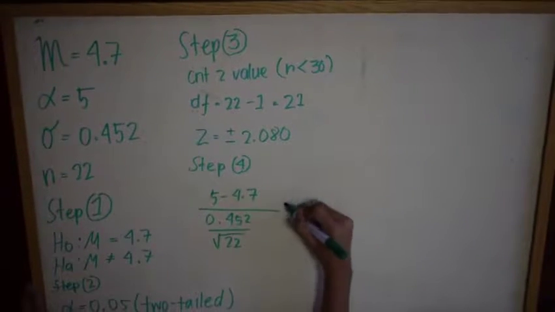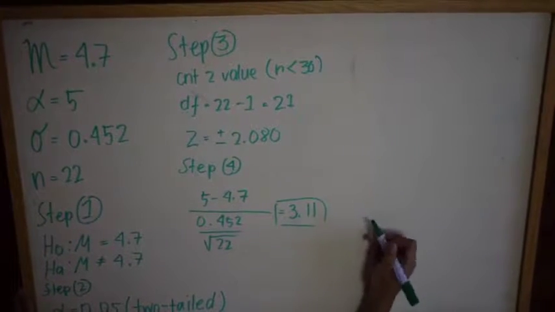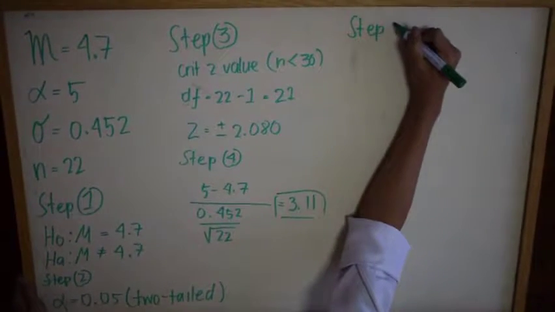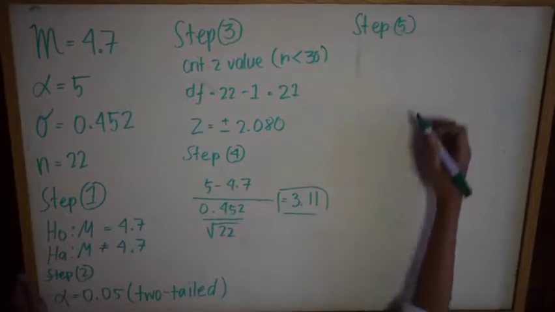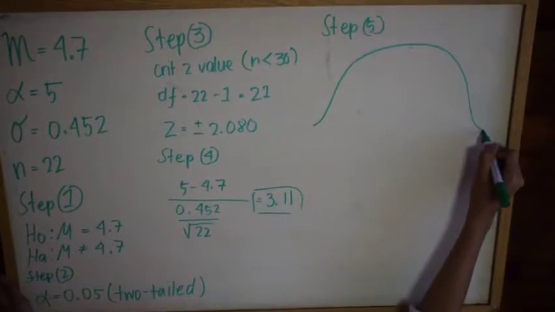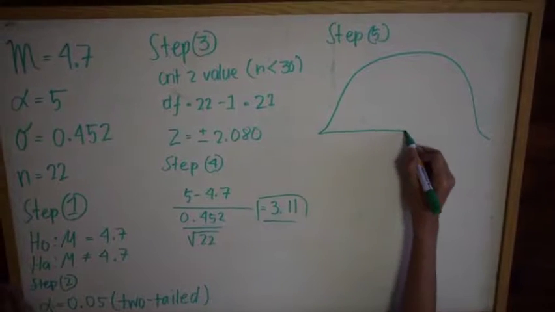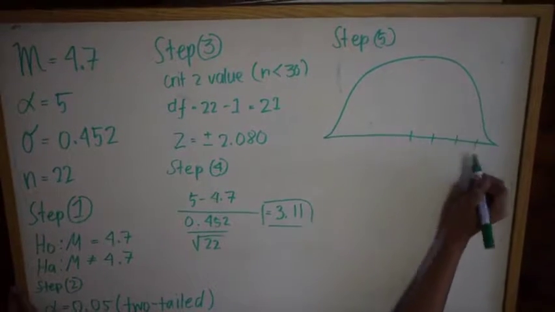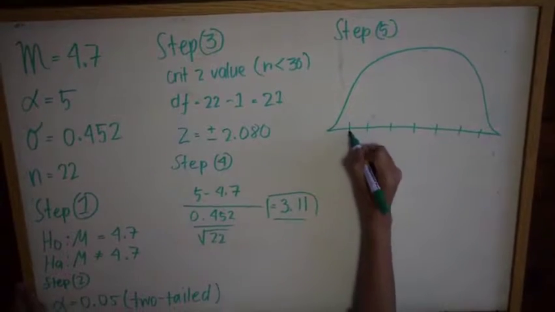After computing for the z, we need to graph the 3.11 into the normal distribution curve. So we need to label it 0, 1, 2, 3, negative 1, negative 2, negative 3.